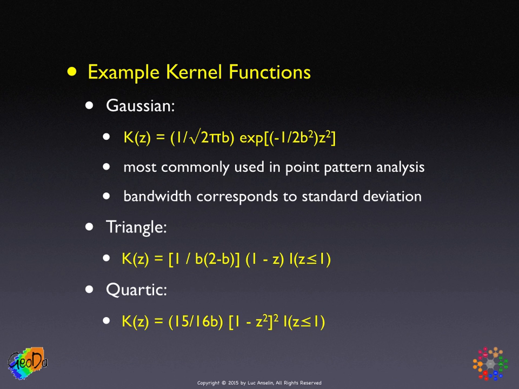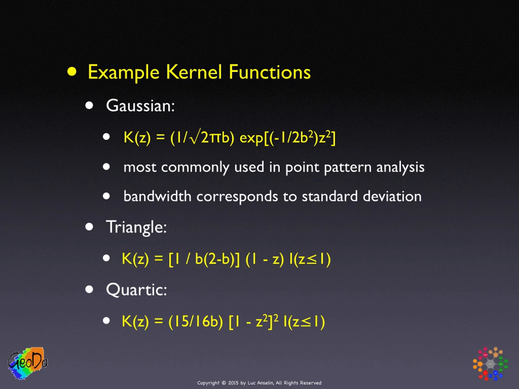There's actually 5 or 6 kernel functions in common use in statistics. The triangle one and the quartic one are some other examples, but typically in point pattern analysis, one sees the Gaussian one used.